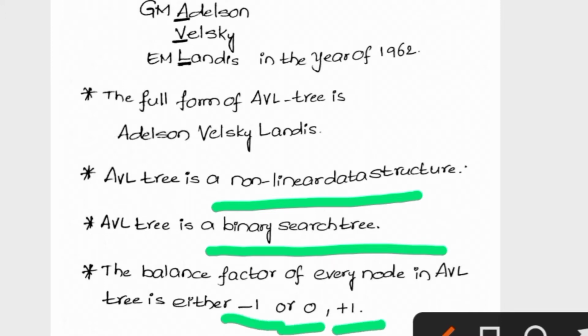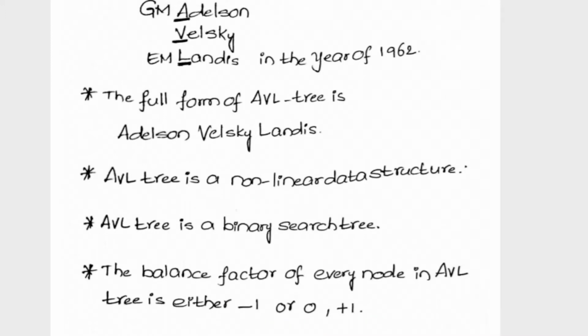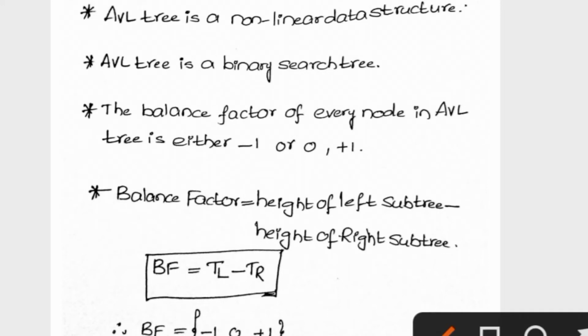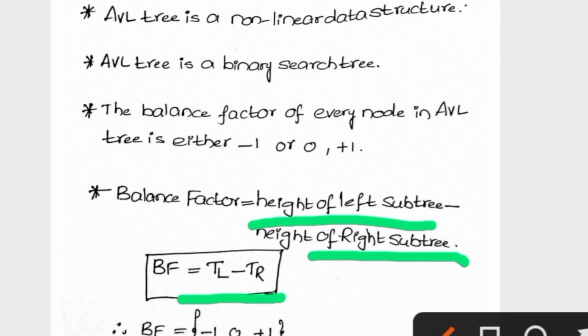Now the formula for balance factor: the balance factor is equal to the height of the left subtree minus the height of the right subtree. That is denoted by BF = TL - TR. Every node must have a balance factor of either -1, 0 or +1.